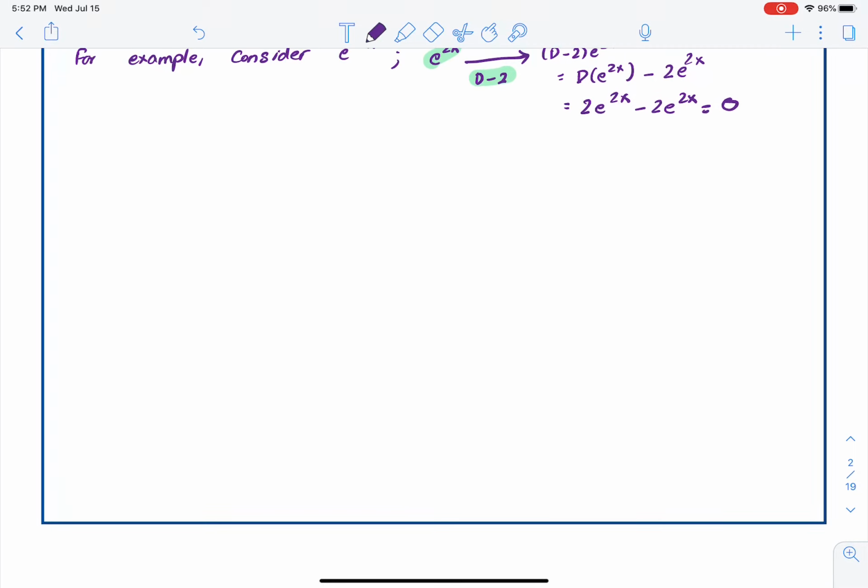There are derivations for this, but let's not get into all that. I'll just write the general form.